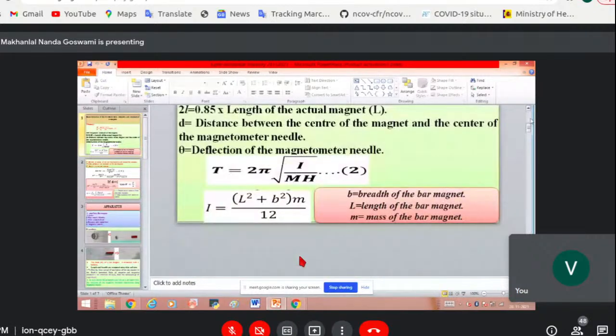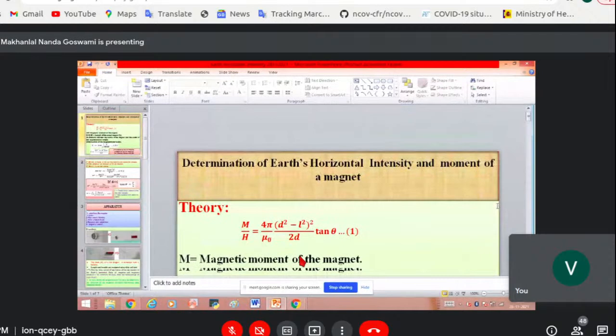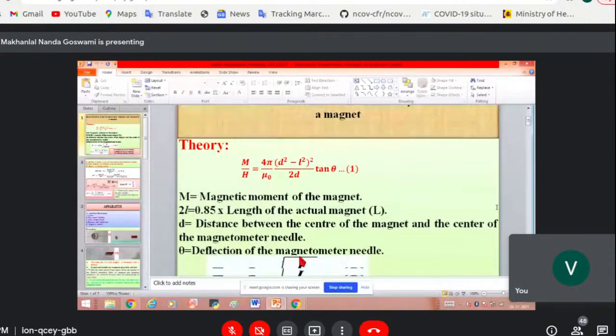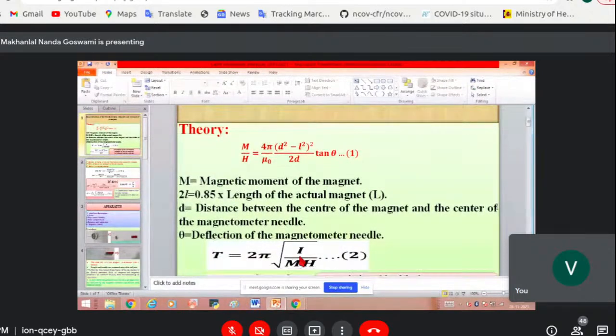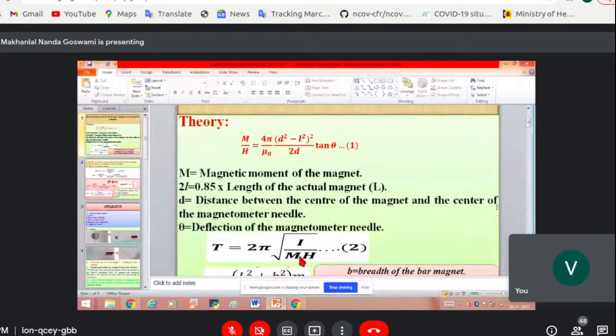Where M is the magnetic moment of the magnet, twice l is the length between the poles, that is 0.85 into the actual length of the bar magnet. D is equal to the distance between the center of the magnet and the center of the magnetometer needle, and theta is the deflection of the magnetometer needle.